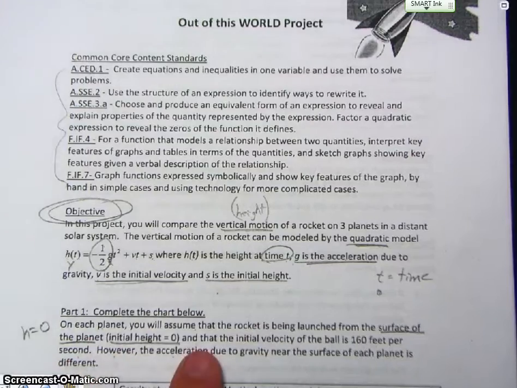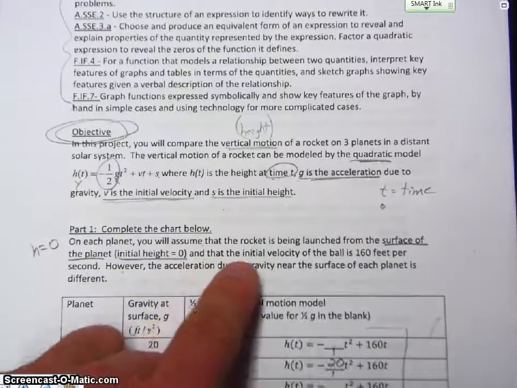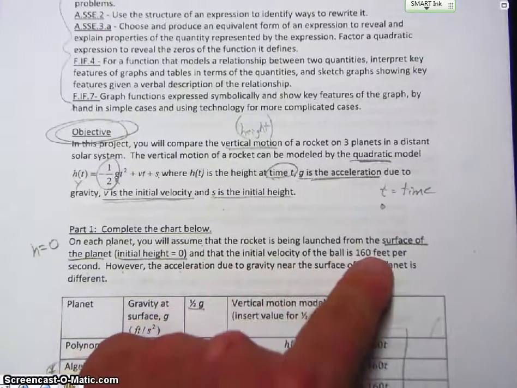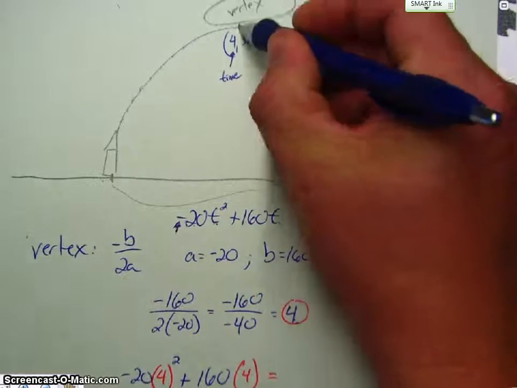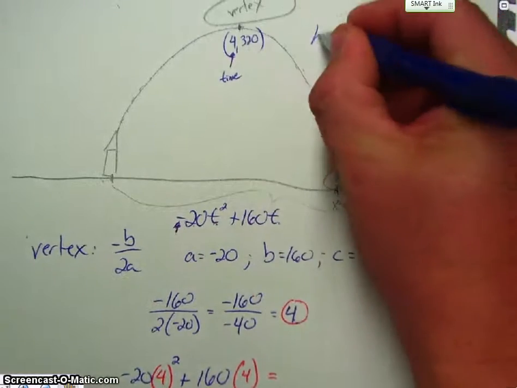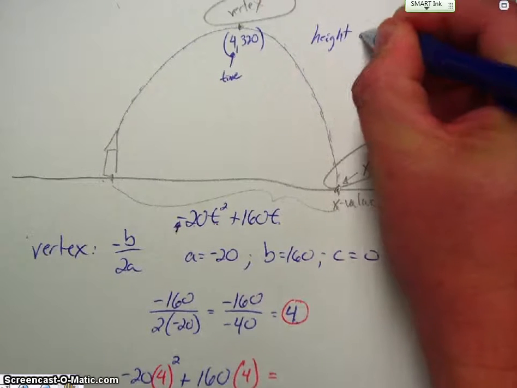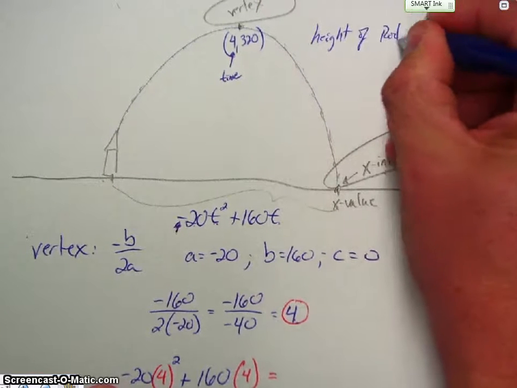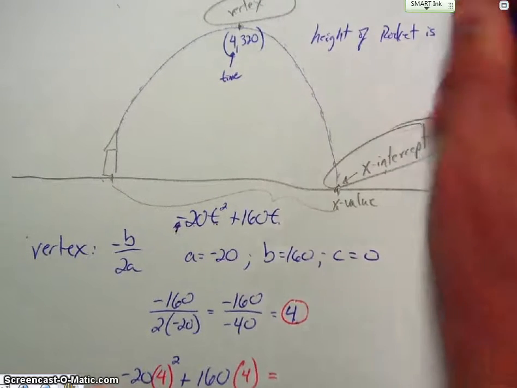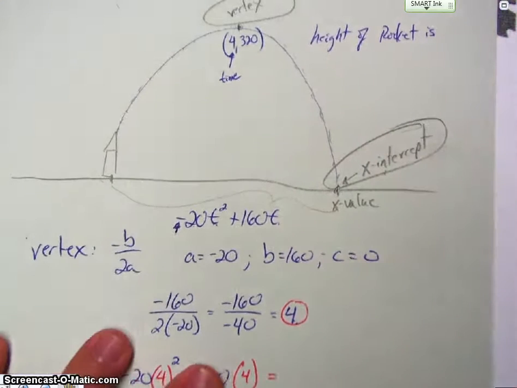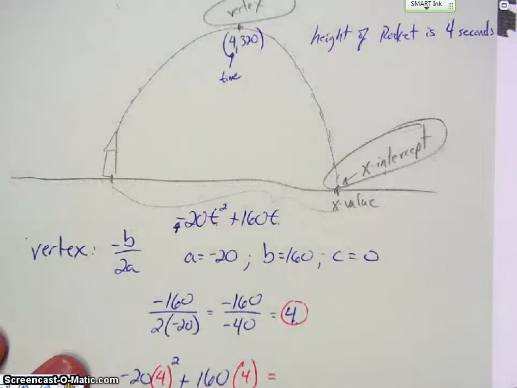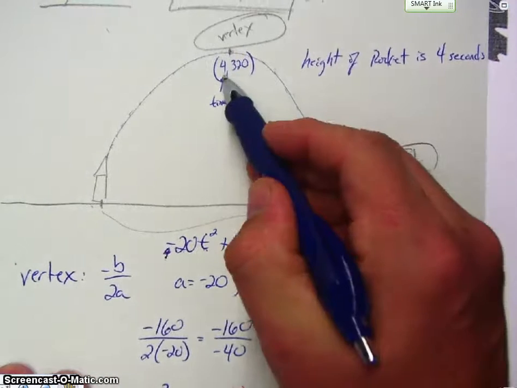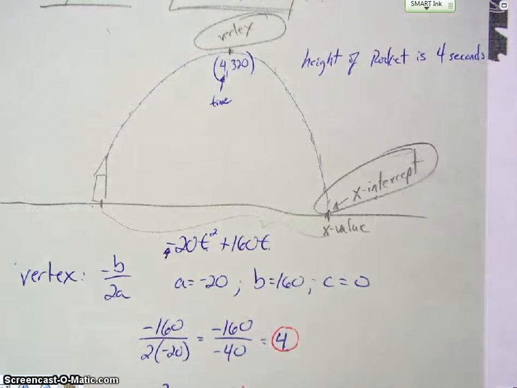Right here, it says in part 1 that the initial velocity of the ball is 160 feet per second. So we're dealing with seconds. So that's what the x value means: it takes 4 seconds to reach the highest height.